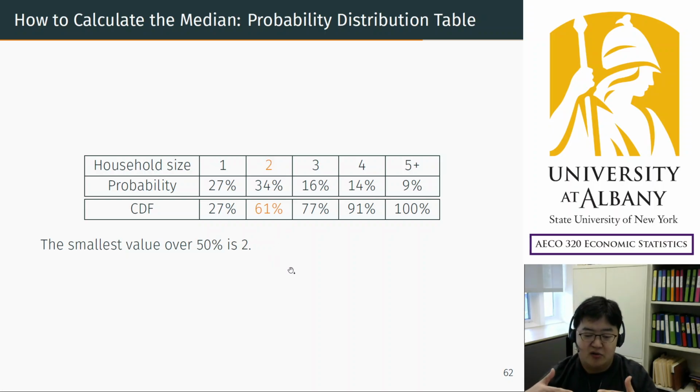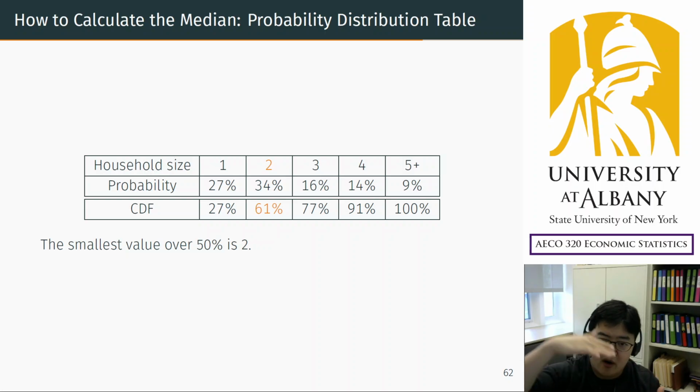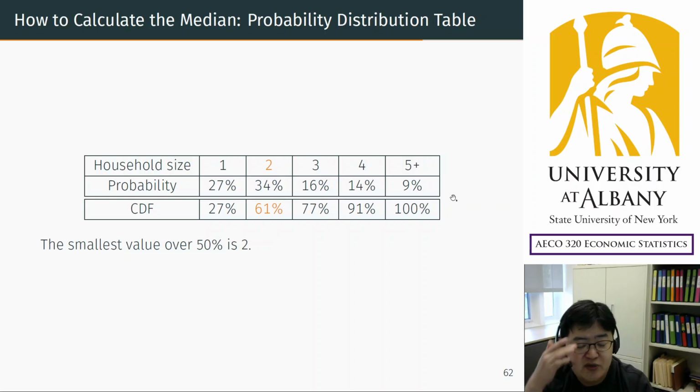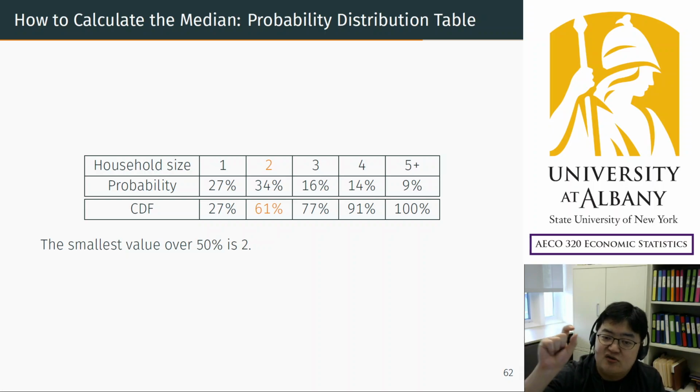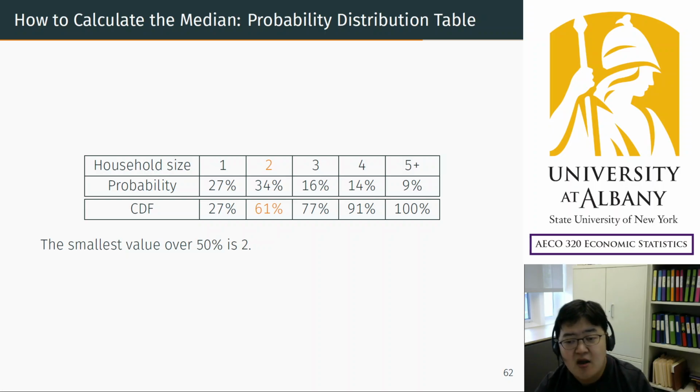Once you go above 50%, you don't need to calculate the cumulative probability further. To obtain the median, you calculate the cumulative probability until you see a value greater than 50%. That's how you calculate the median. So in this slide, I described how to calculate the median.